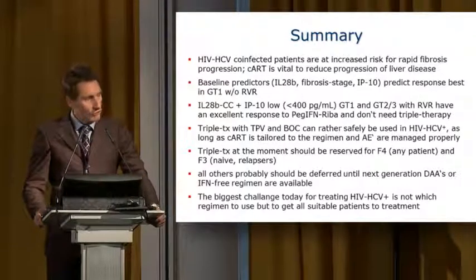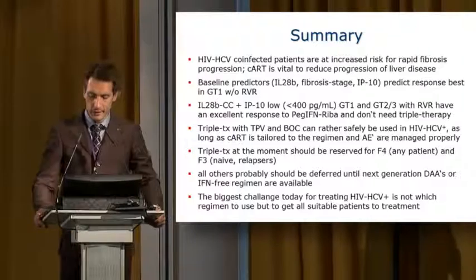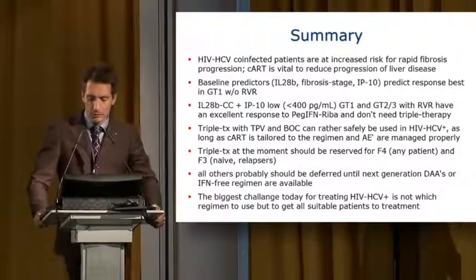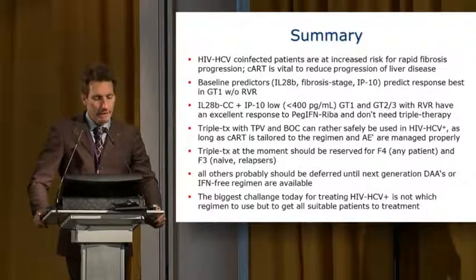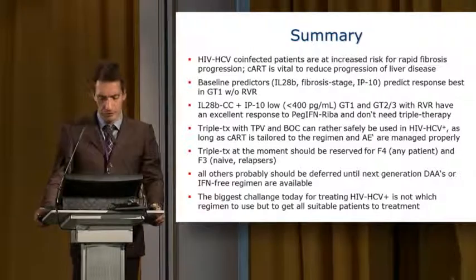IL-28B CC patients that also have a low IP10 level below 400 picograms per milliliter, genotype 1, and genotype 2-3 with rapid virologic response have an excellent response to pegylated interferon ribavirin and don't need triple therapy. I think this can be stated quite certainly.